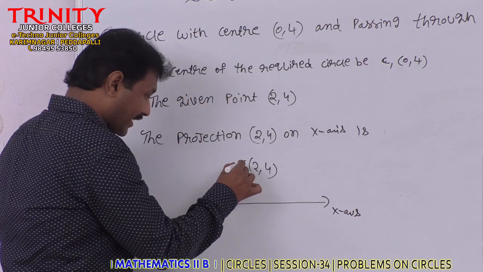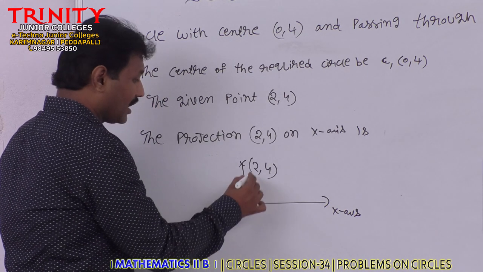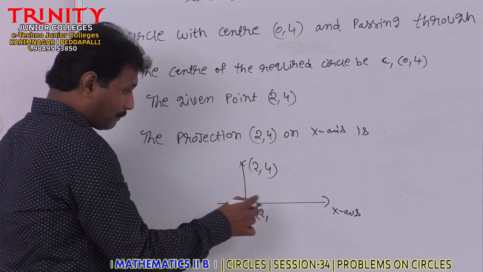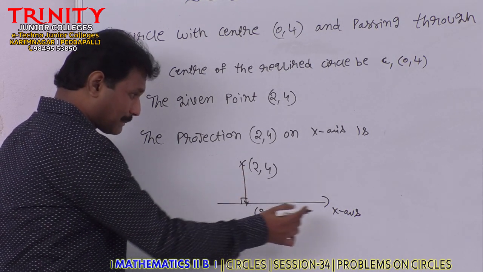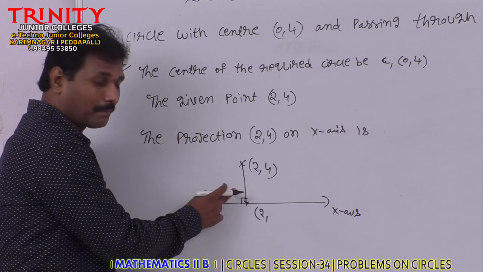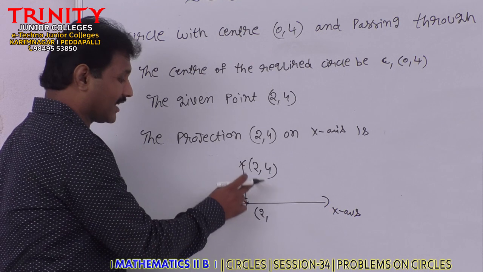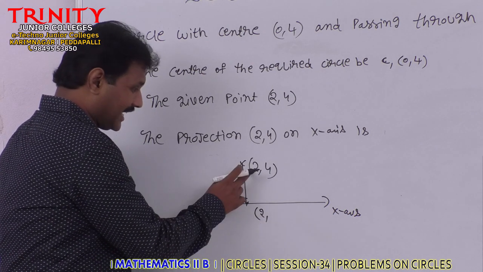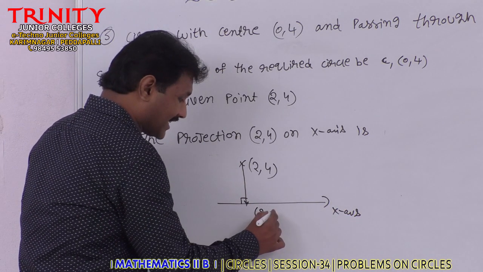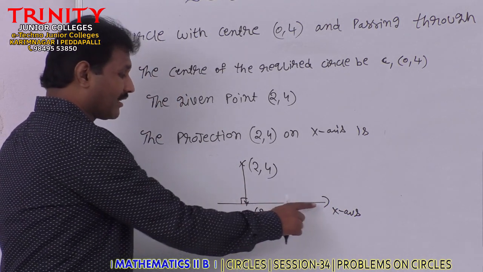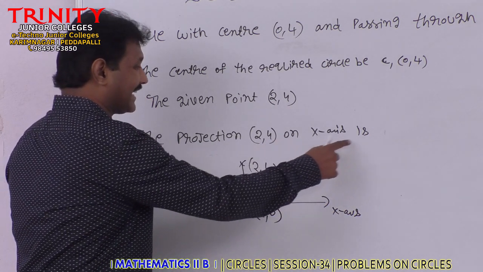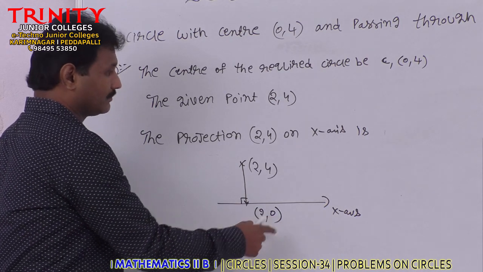The projection of this point is along a line perpendicular to the x-axis. This line is parallel to the y-axis, and any line parallel to the y-axis has the same x coordinates. Therefore, the x coordinate of the required point is 2. This point lies on the x-axis, so its y coordinate is 0. Therefore, the projection of (2, 4) on the x-axis is (2, 0).